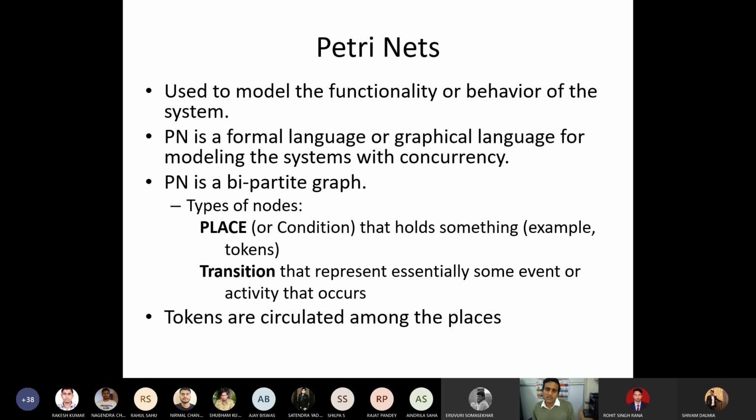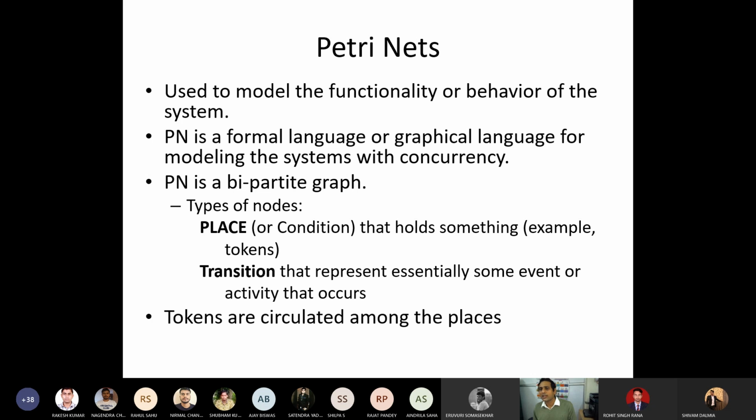If those conditions are met, then some processing will be carried out, and the processing or the functions will be represented through the transitions. Unless some conditions are met, the processing will not be carried out.